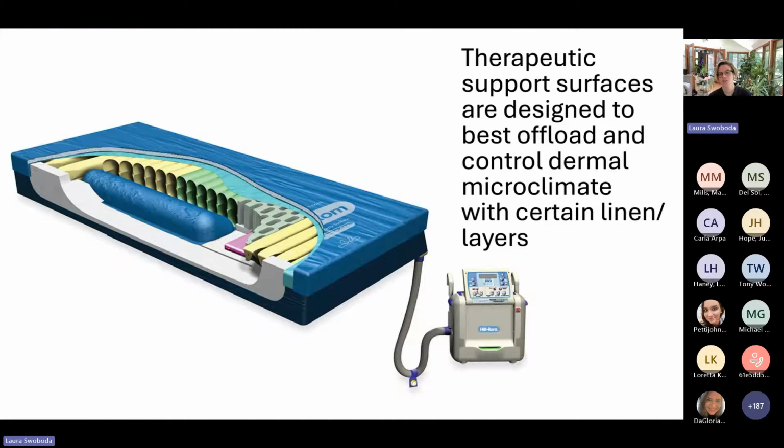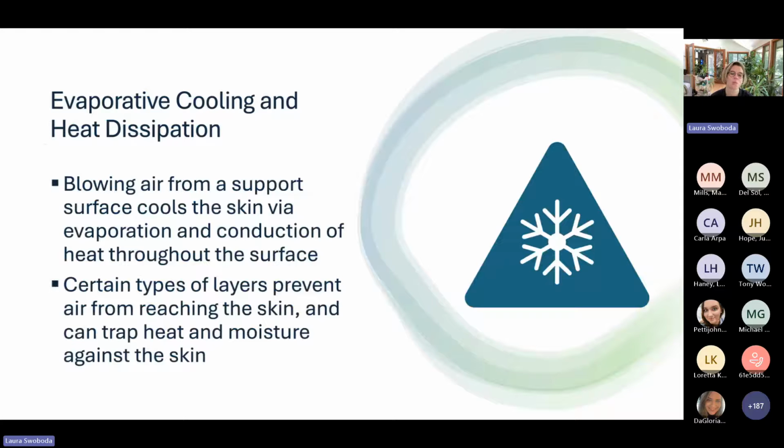Therapeutic support surfaces are designed to best offload and control the dermal microclimate with certain linen layers in use with that support surface. And that's because they're going to work better in terms of evaporative cooling and heat dissipation. So if we're blowing air from a support surface, it's going to cool the skin because you get that evaporative cooling. And we use this in all sorts of things, right?